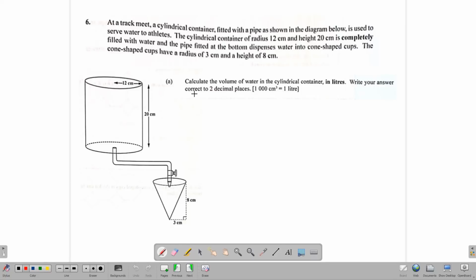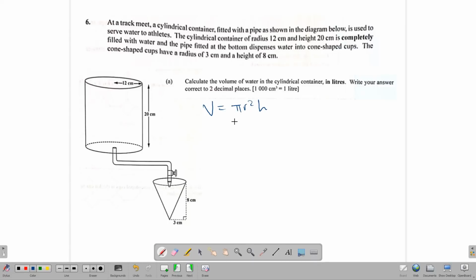Now, the first thing we want to calculate is the volume of water in the cylindrical container in liters. And we're given a conversion there. So the formula that we use for that is the volume is equal to the area of the base times the height. So the volume here is equal to pi r square h. It's a circle.